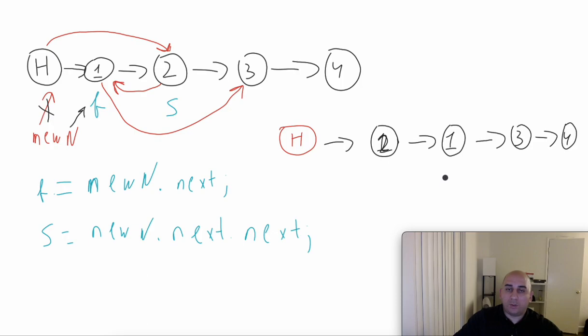So the new node points here. Instead of pointing here, it points here. Then we do the same iteration again: the first equals new node next, so the first goes here, and the second goes here.